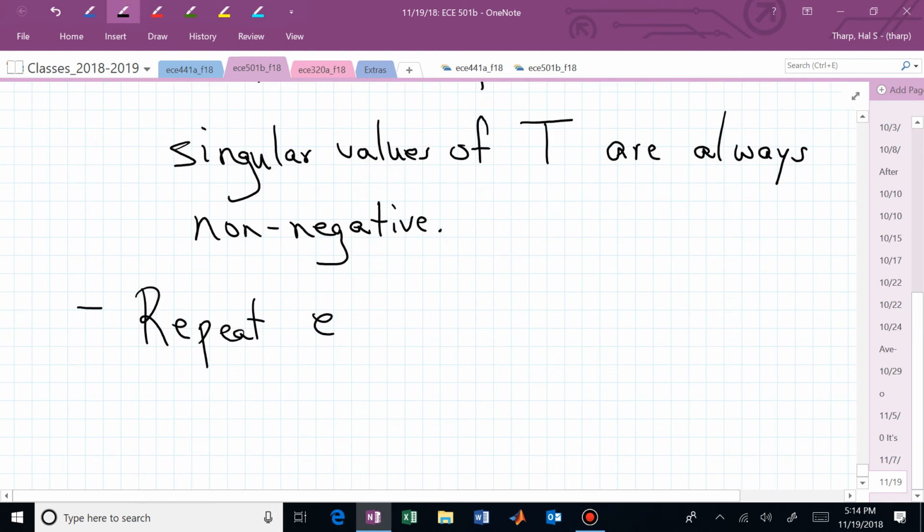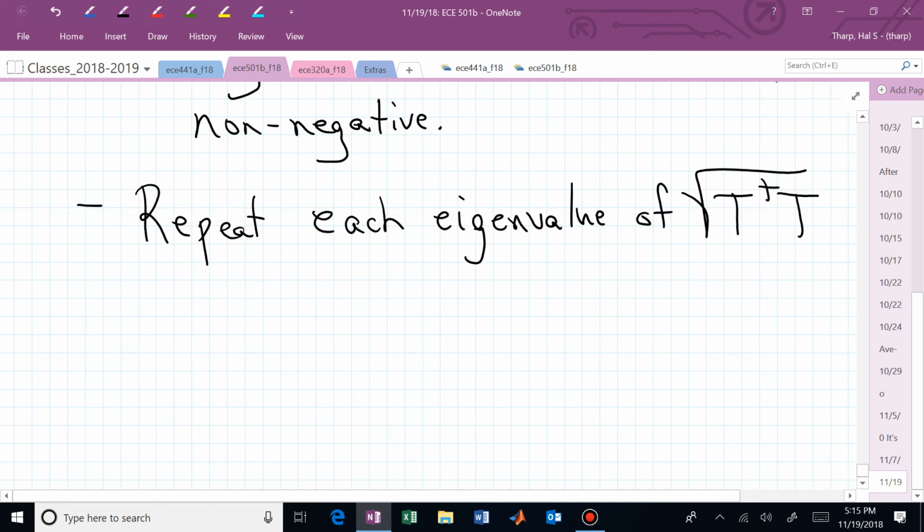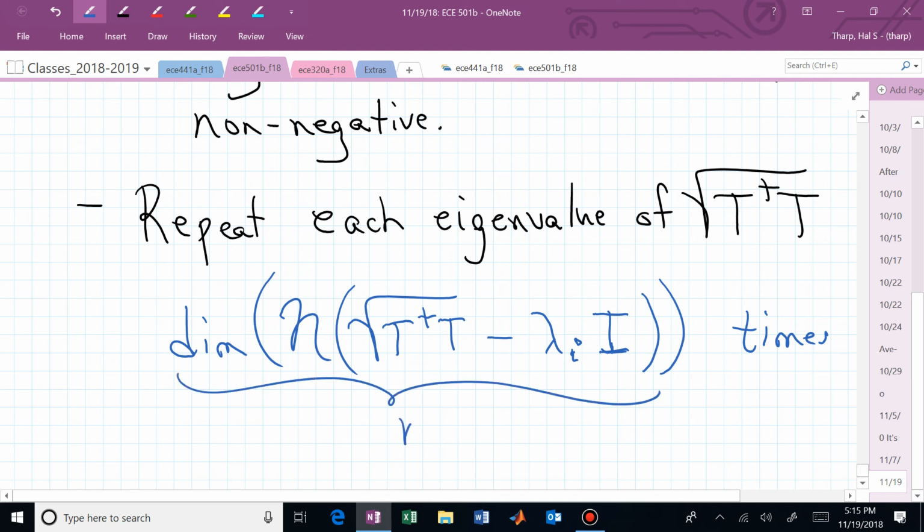We repeat each eigenvalue of the positive square root of T dagger T based on the dimension of the null space of the positive square root of T dagger T minus lambda sub i times I. So we find the dimension of this, and maybe that's m sub i.